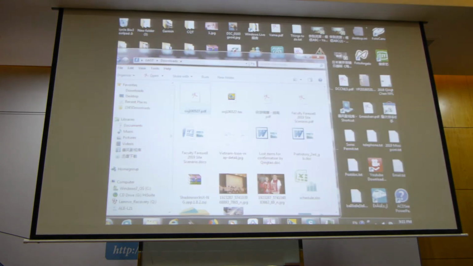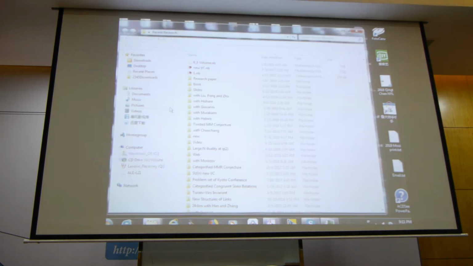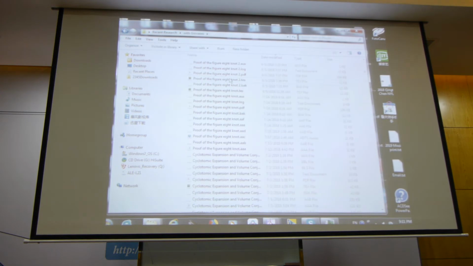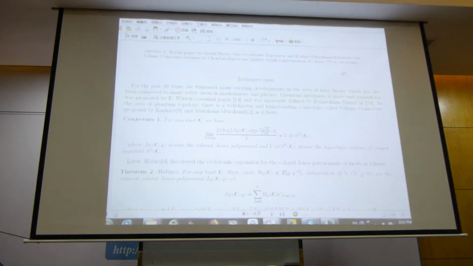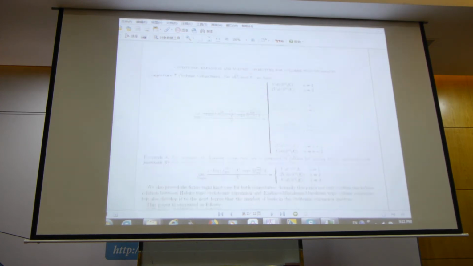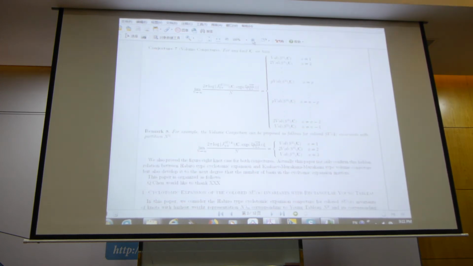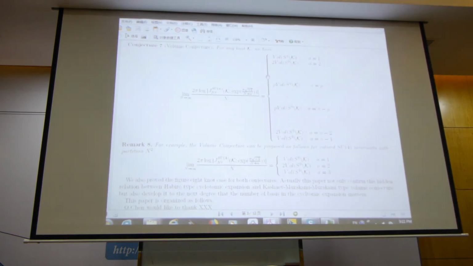The new result is here, for the double line, so for the double Young tableau. This is our paper. I haven't finished with the details, but we have obtained some results. So this is the new volume conjecture for the Young tableau with double line. The Young tableau with double line is like this.